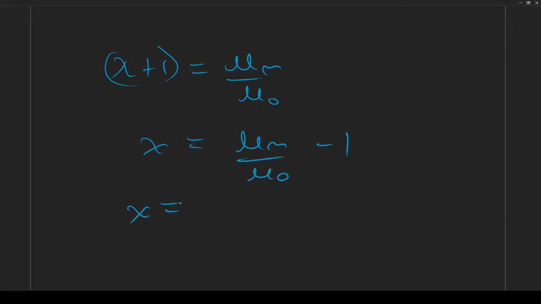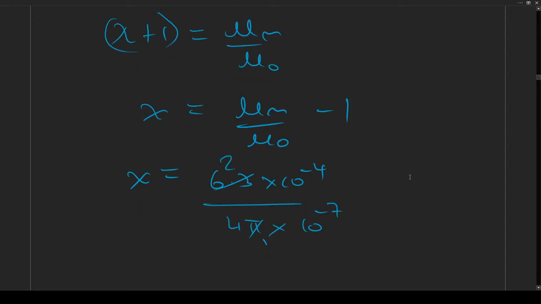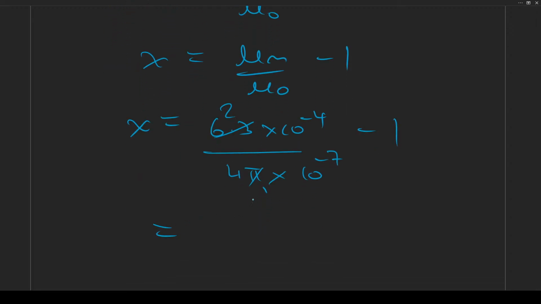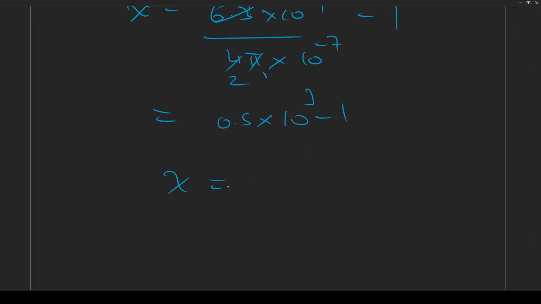Chi is equal to 6.3 into 10 power minus 4 by 4 pi into 10 power minus 7, which is approximately 0.5 into 10 power 3 minus 1. So chi finally is equal to 499.